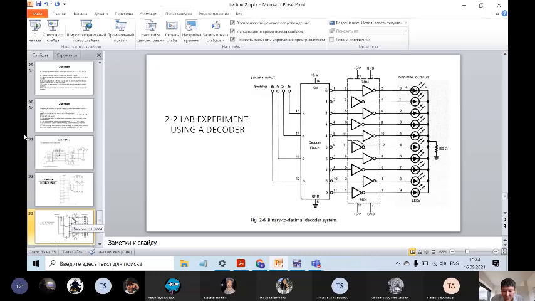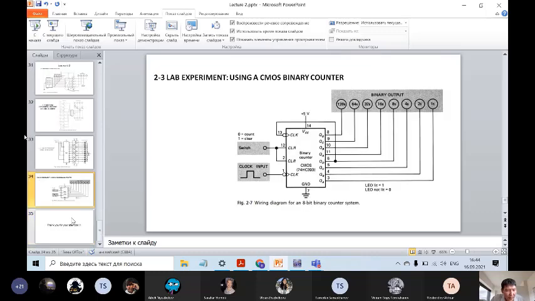And after, the next task is to assemble this counter. For example, when we apply some digital signal to this pin 1, for example some pulse, it will count.